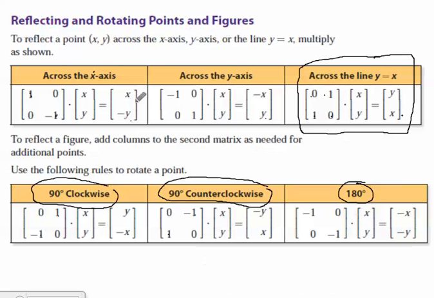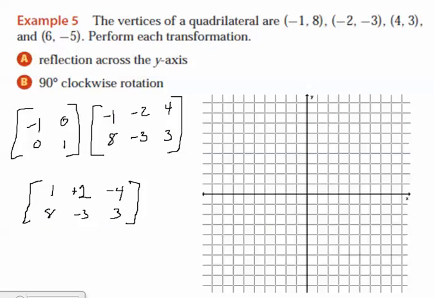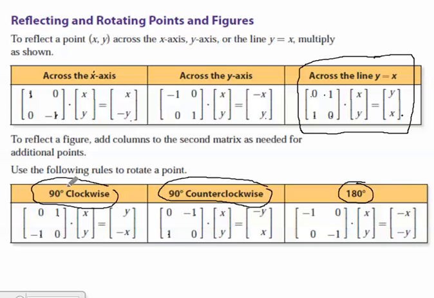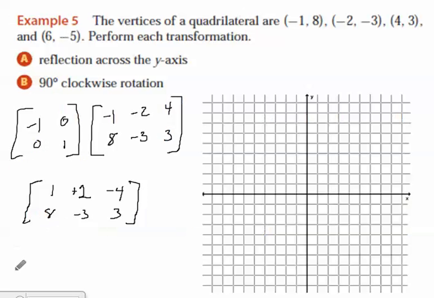So, a 90-degree rotation. And were we going clockwise or counterclockwise? Clockwise. It's going to be this one: 0, 1, -1, 0. And we're going to multiply it times those same values there: -1, -2, 4, 8, -3, 3.